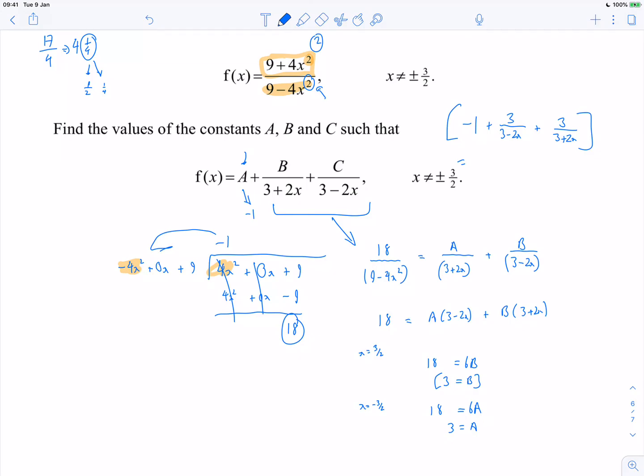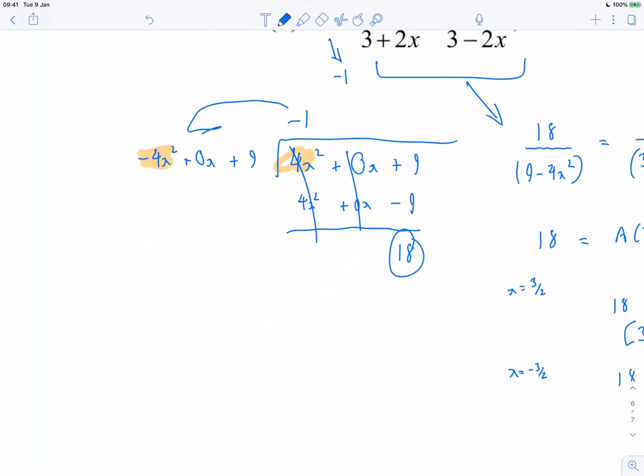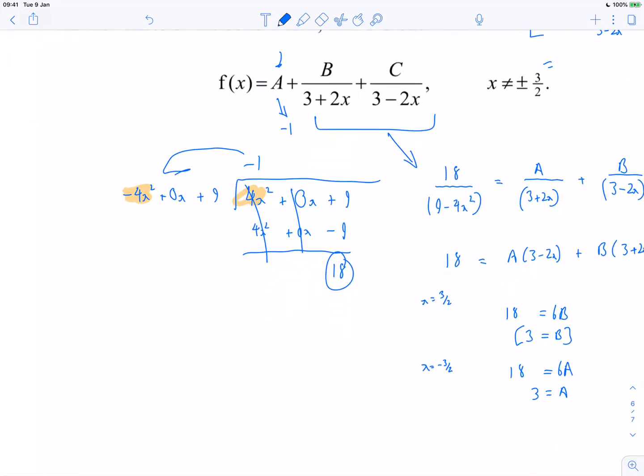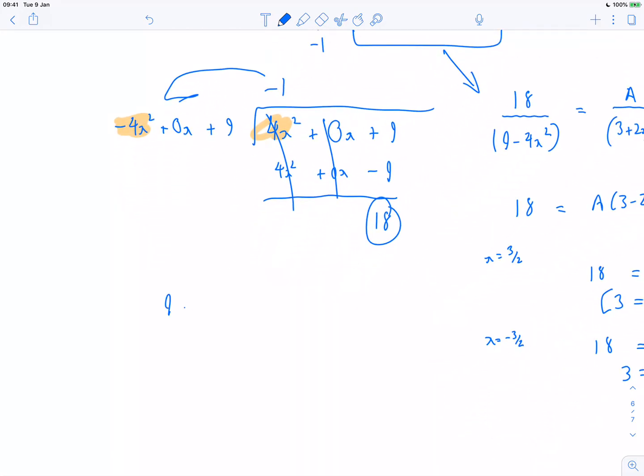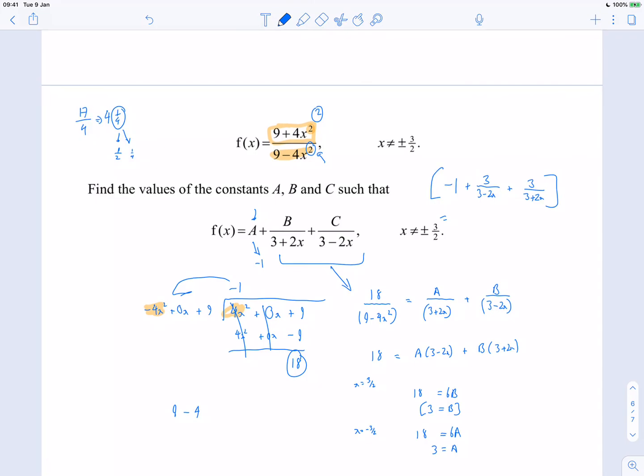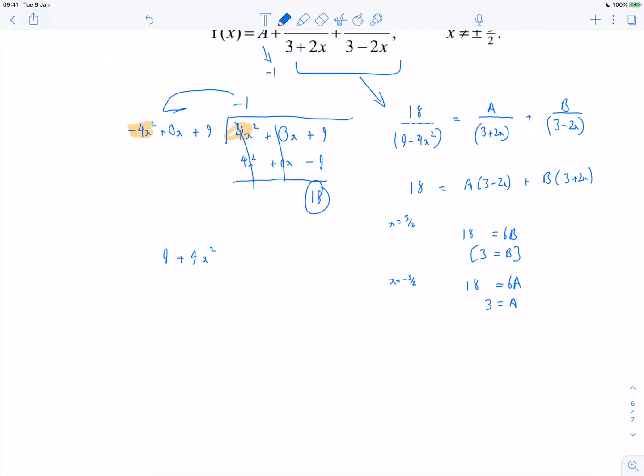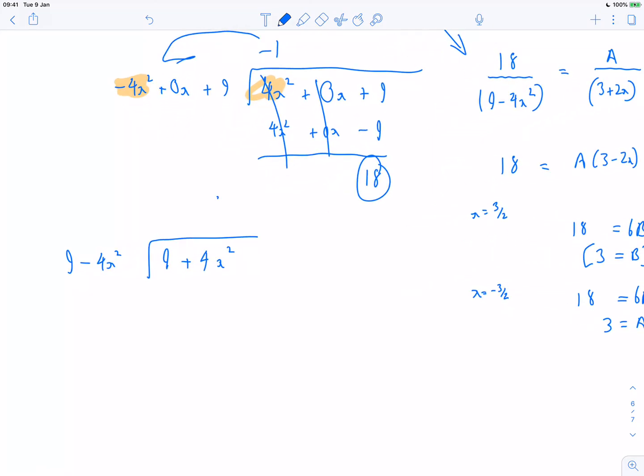So in this case, because they were the same, you need to do algebraic long division first. What you don't want to do is 9 plus 4x squared divided by 9 minus 4x squared, this isn't going to work. What you have to do is arrange them in descending powers of x and include everything.